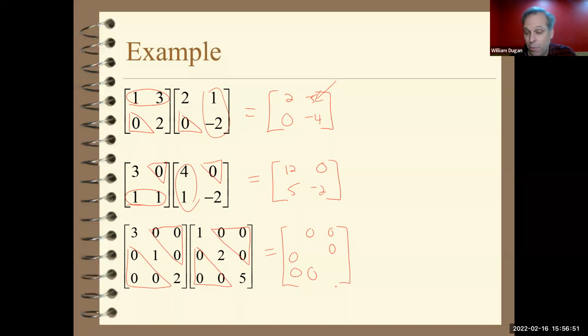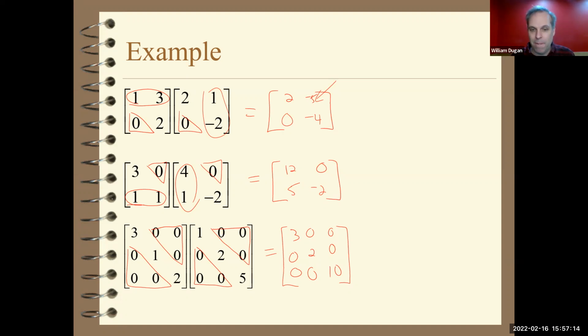To find the entries on the main diagonal, you just multiply corresponding entries. So here, this would be a 3, a 2, and a 10. That's it. That's great, right? It makes multiplying scalar matrices really easy. To multiply two scalar matrices like I just did, all you do is get another scalar matrix and you just multiply the entries on the main diagonal. It's great.